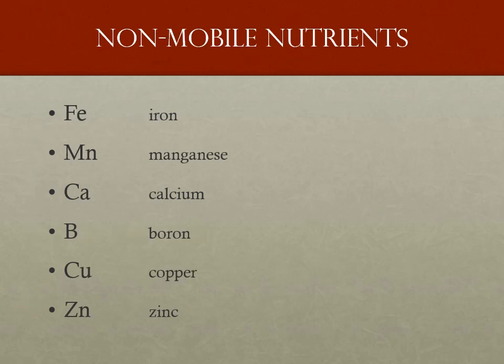Now, typically, to help you remember, for non-mobile nutrients, your micronutrients are principally your non-mobile, except for calcium. Calcium is the only secondary macronutrient that is immobile or non-mobile. So these deficiencies would all present at the top of the plant.